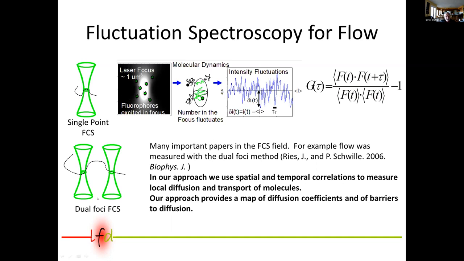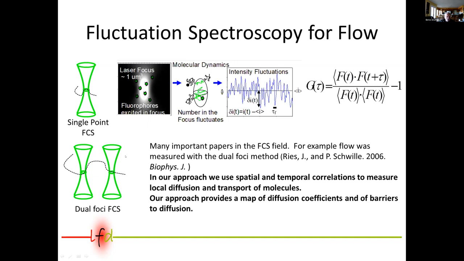One important change was done by Petrášek and Schwille, in which they use two foci. Using two points of observation, which are separated, they can tell if the fluctuation occurring at one point will propagate to the fluctuation occurring at the other point. This goes under the name of dual-foci FCS, because there are two volumes of observation, and that is done by measuring one part and the other.